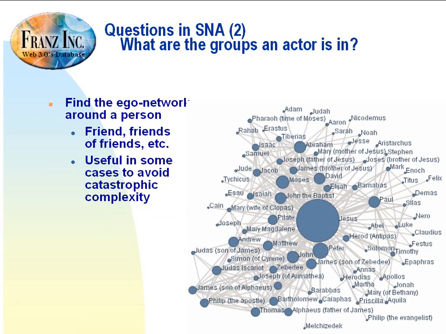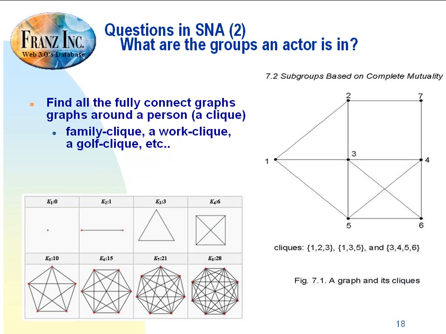Then the second question is, say you have a particular person, but in what groups is this person? There are 2 groups that we usually talk about. One of the groups is the ego networks. Those are basically your friends or the friends of your friends. Or you have fully connected graphs, that is, graphs where everyone is connected.